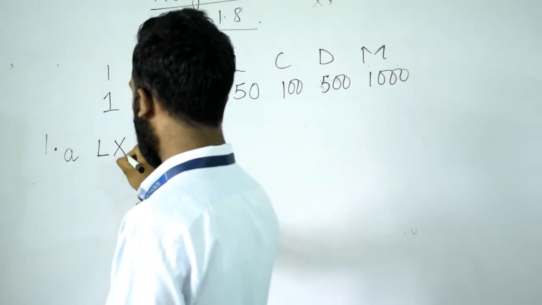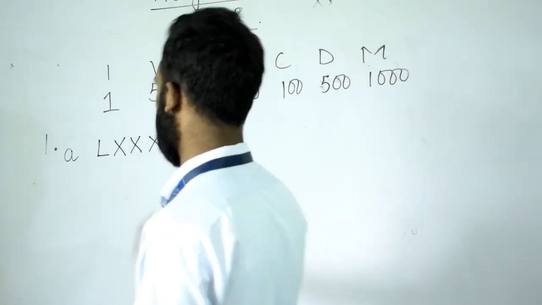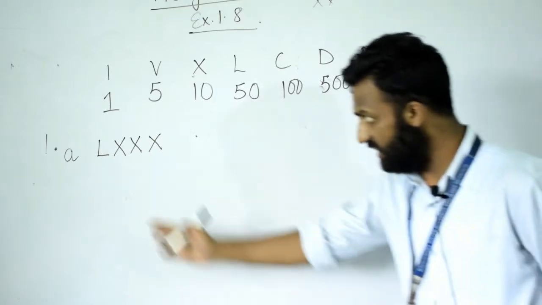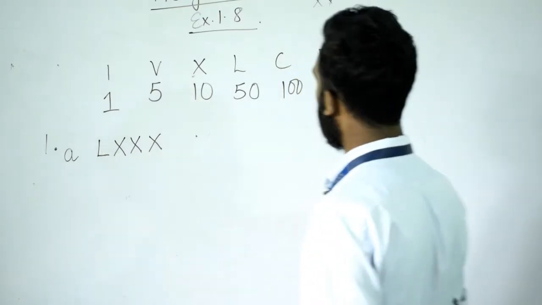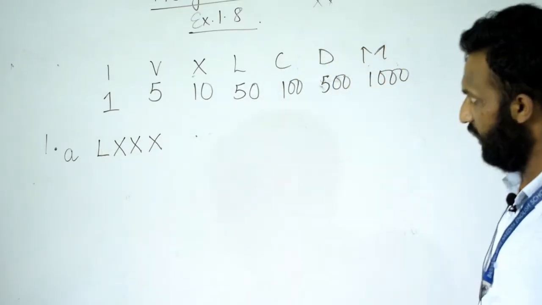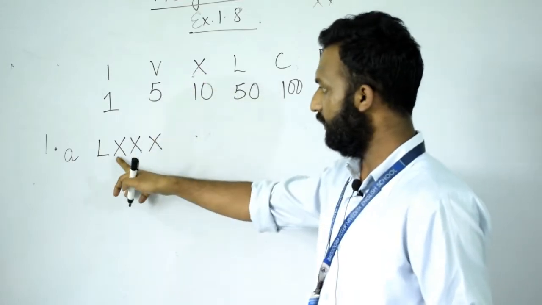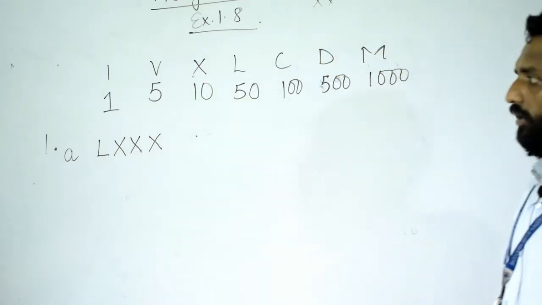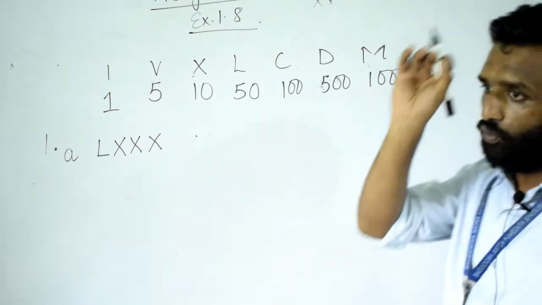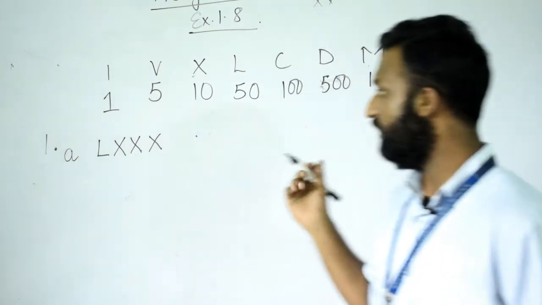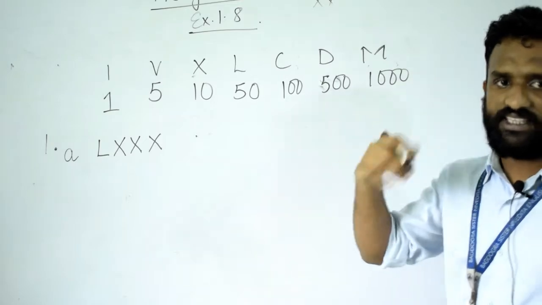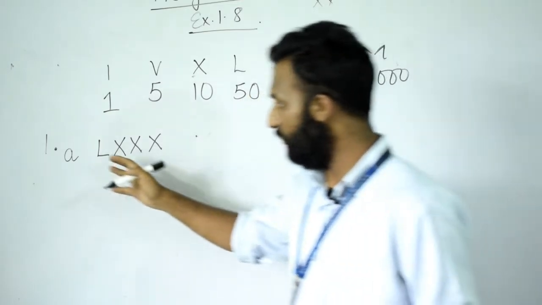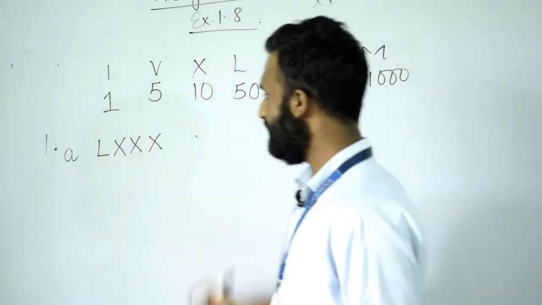L, X, X, X. See here, what is L? L means 50, X means 10, another X means 10, and another X means 10. As I told you the rule when I was explaining, whenever the symbol is after the greater symbol, that means addition.